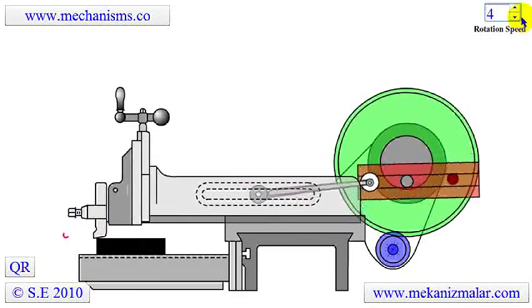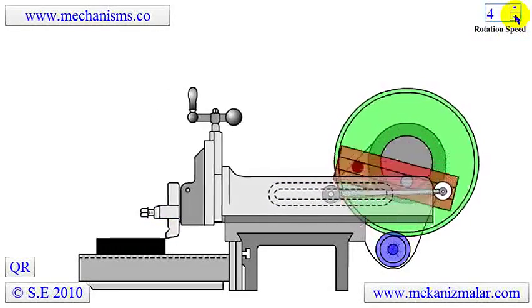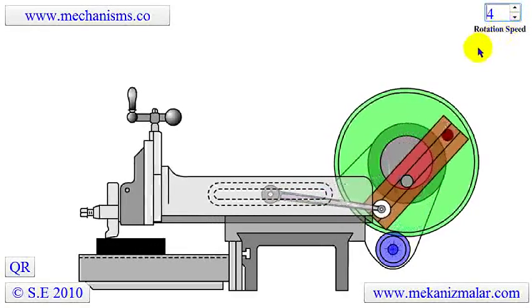The white offset pin can be adjusted to vary the radius of the throw and therefore alter the stroke.